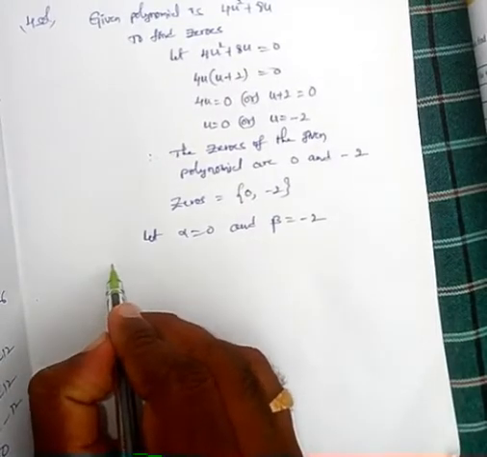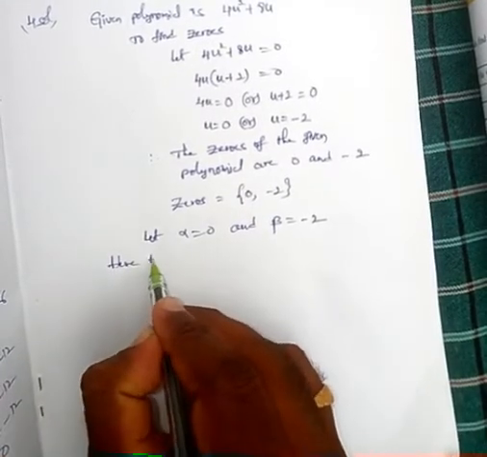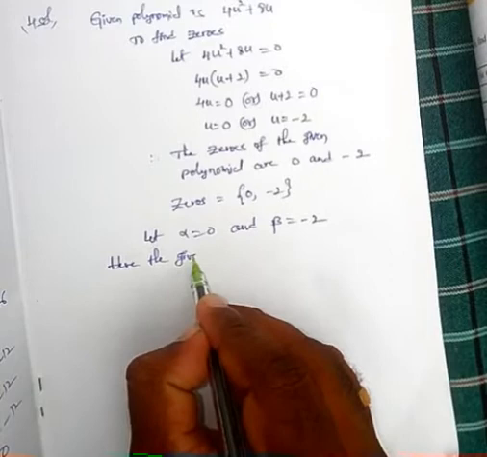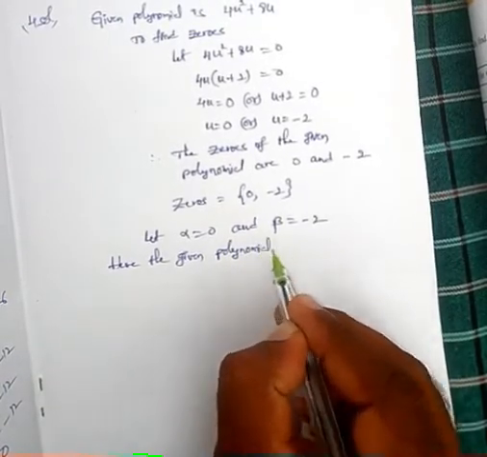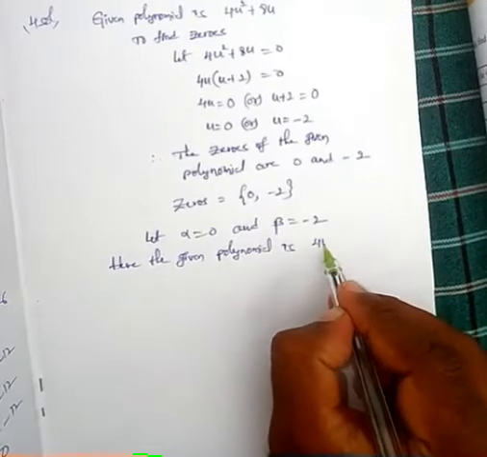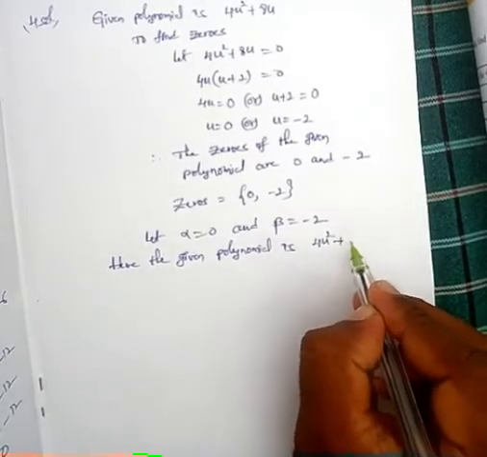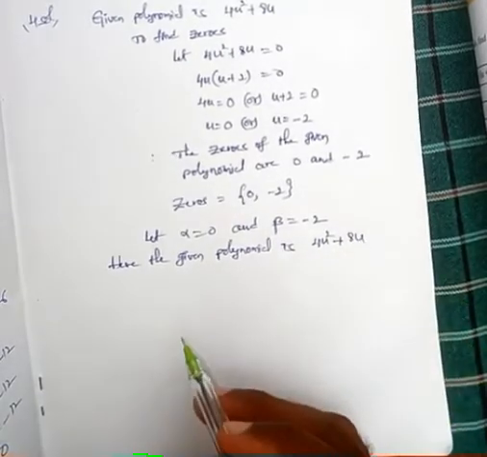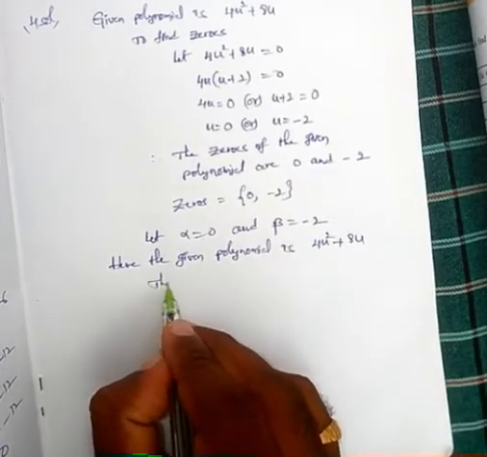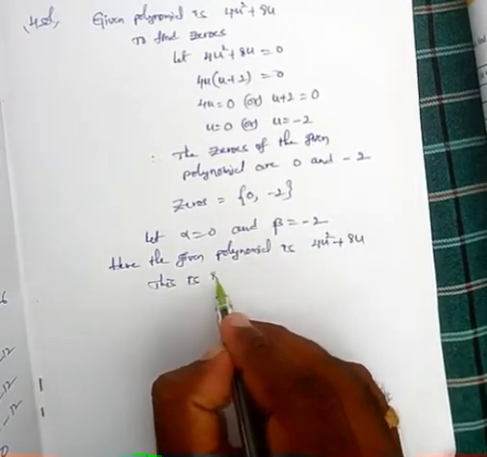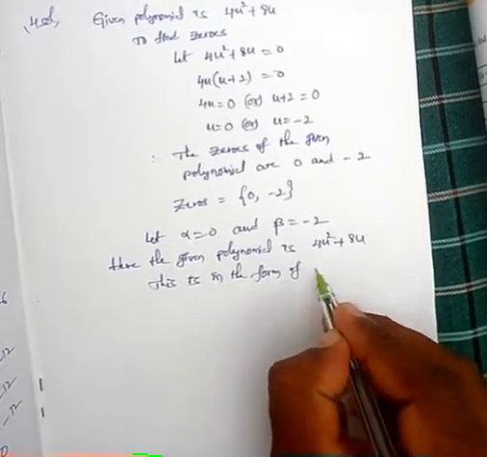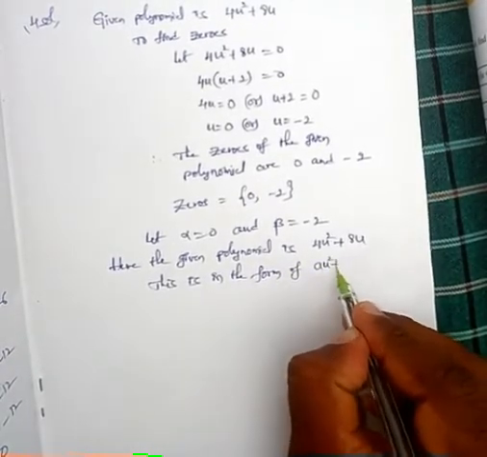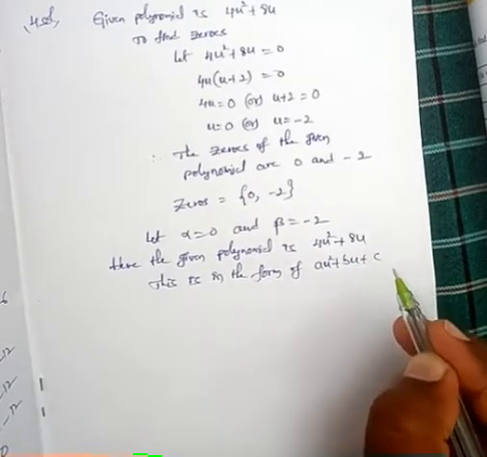Here the given polynomial is 4u square plus 8u. This is in the form of au square plus bu plus c.